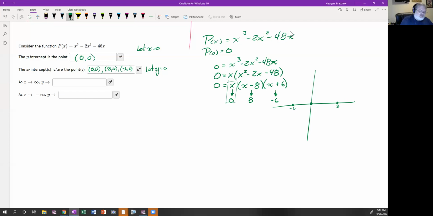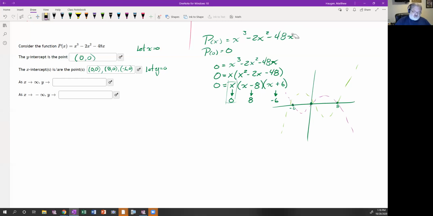Now, the last thing to be able to draw this is to know whether we should be drawing it going this way, or whether we should draw it going that way, right? We know it's got to go through those points. None of those points had a multiplicity on them, so there's no bouncing or anything.